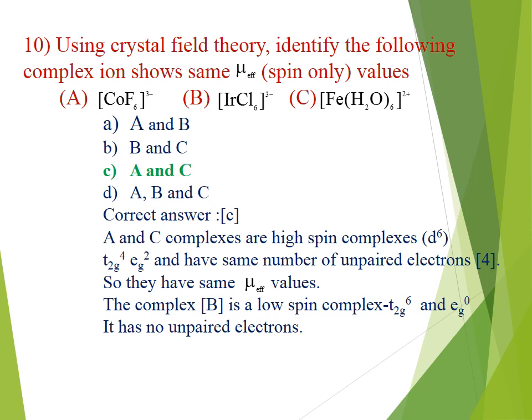A and C complexes are high spin complexes, that is d6 t2g4 eg2, and have the same number of unpaired electrons, 4 unpaired electrons. So these 2 complexes have the same mu effective values. The complex B is a low spin complex, that is t2g6 eg0. There is no unpaired electron. For this question 10, the correct option is C. A and C both complexes have the same spin only value.